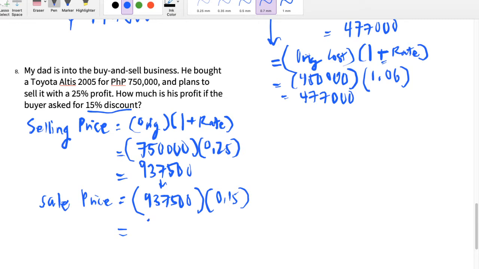May kulang akong ginawa. So, since nag-shortcut pala tayo, 1 minus 0.15. Okay, 1 minus the rate. Kasi this time, may discount. Ito, markup. Ito, discount. So, pag minus dito, we have 937,500 times 0.85.